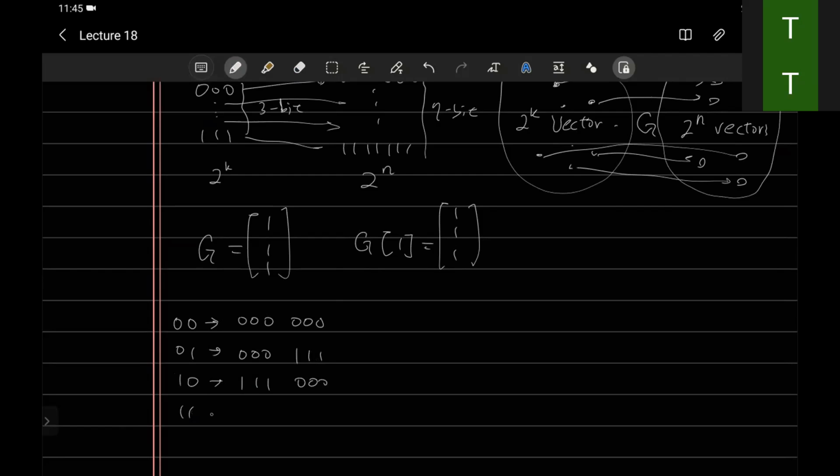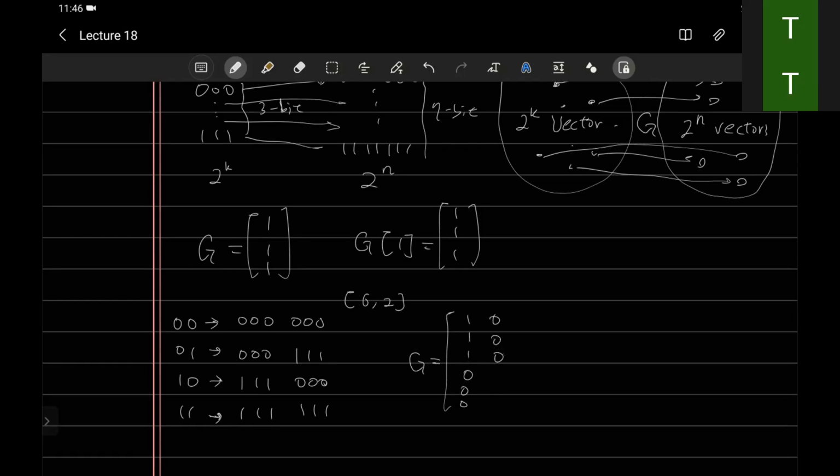So this is a simple extension of the 3-bit repetition code or (3,1) code. Now we are using 6 bits to represent 2 bits of information. So maybe I can call this one a (6,2) code.